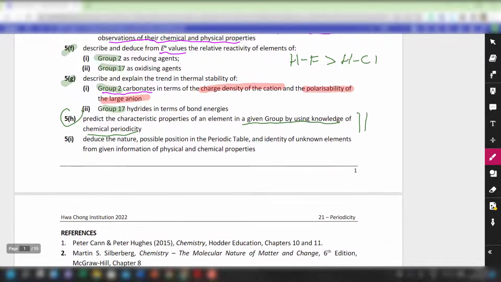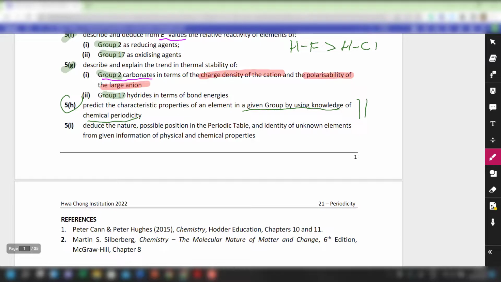Okay, then finally 5I: deduce the nature, possible position in the periodic table, and identify unknown elements from given information of physical and chemical properties. Yeah, so again, this is largely an application learning objective.